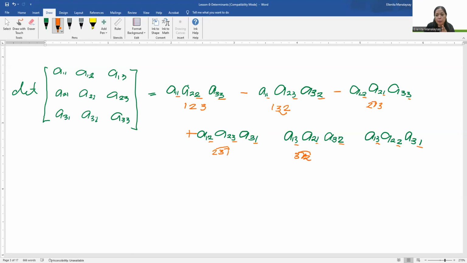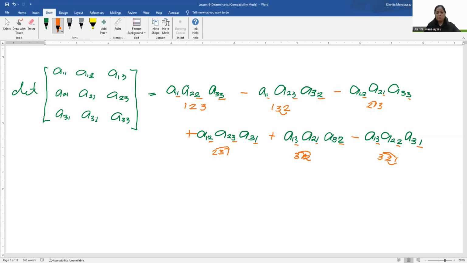So there are 2 inversions. This is even. The sign is positive. And the last one, we have 3, 2, 1. This comes in descending order. So, ilan yung inversions? 1, 2, 3. We have 3 inversions. This is odd. So the sign is negative.